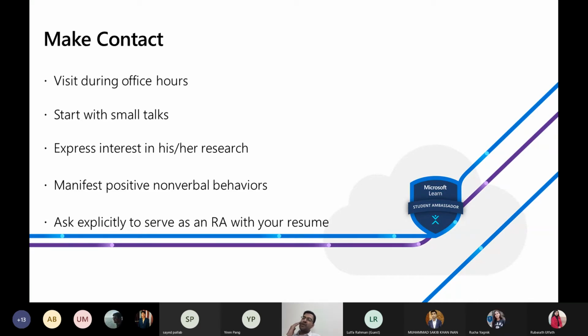Those are amazing pieces of work. So I would like to produce something like that. Manifest your positivity in front of that person, because the more you express your positivity, the more that person will be forced to listen to you. That person will realize that this student has some genuine motivation.